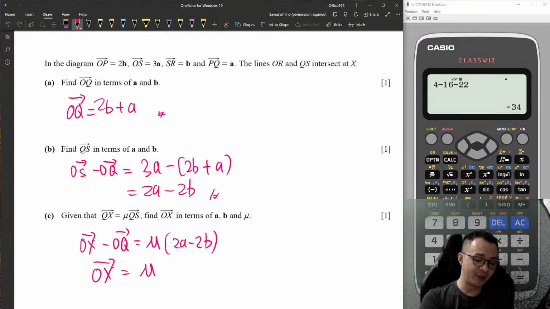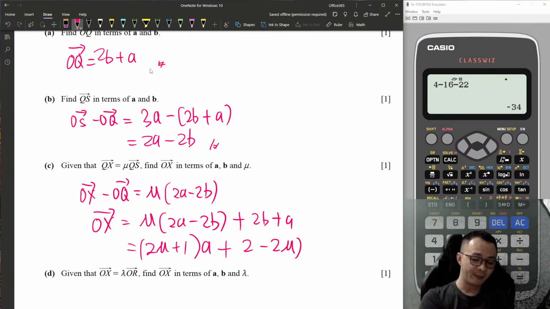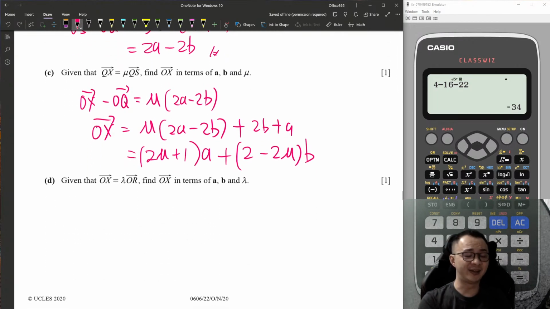So basically mu (2A minus 2B), and then plus 2B plus A. Because here is minus, right? Change to the other side, become plus. Okay, yeah, you can leave it like this, but normally, like I say, I don't like to leave it like this. I prefer in A and B terms. So this is (2 mu plus 1)A, and then plus (2 minus 2 mu)B. I factorize out A and B. Basically, I simplified them in A and B, so it's easier for me to do comparing later.